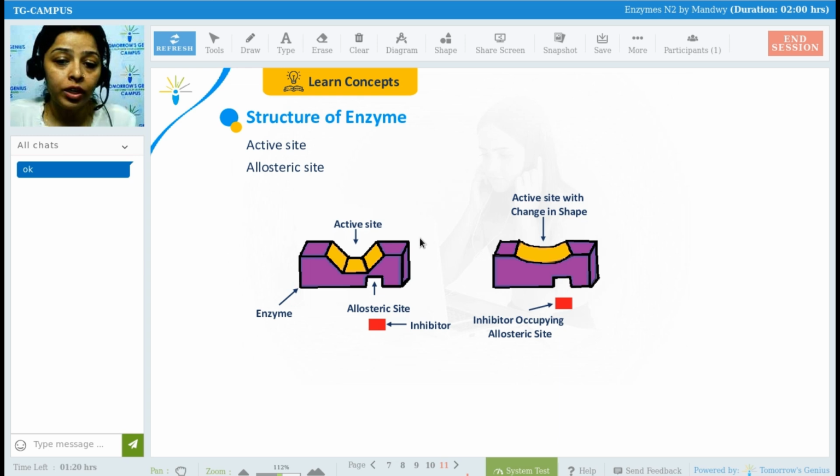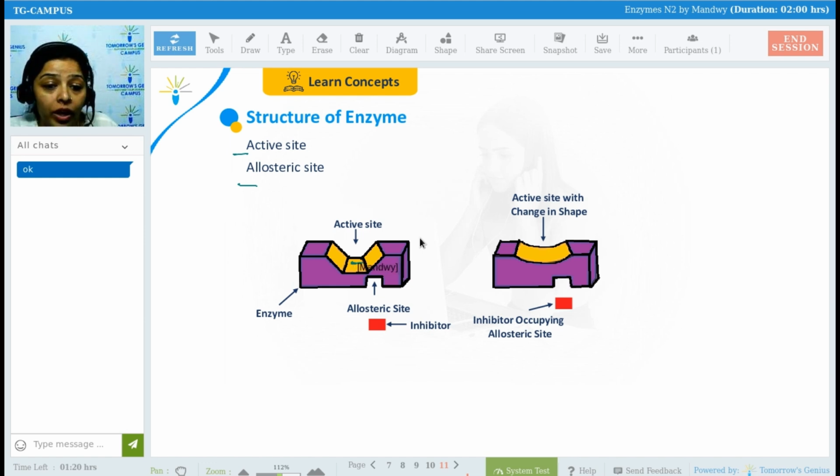Now let's come to the morphological structure. The whole structure has two sites, the active site and the allosteric site. The active site is the specific part of the enzyme to which the substrate binds.